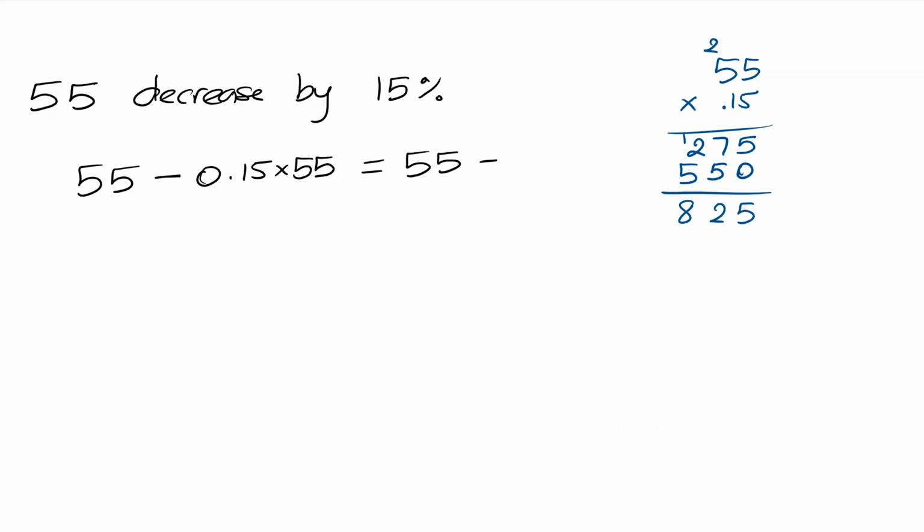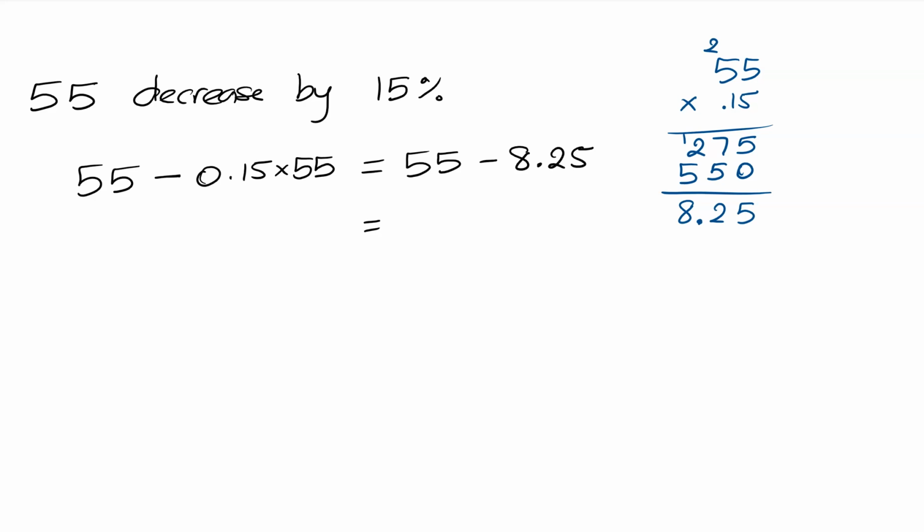And that becomes 8. 825. And because we've got 2 decimal places, we put our point there. So therefore, we're looking at decreasing this by 8.25. Sorry, I used dollars there. I thought I was still doing dollars, but we've got no units.